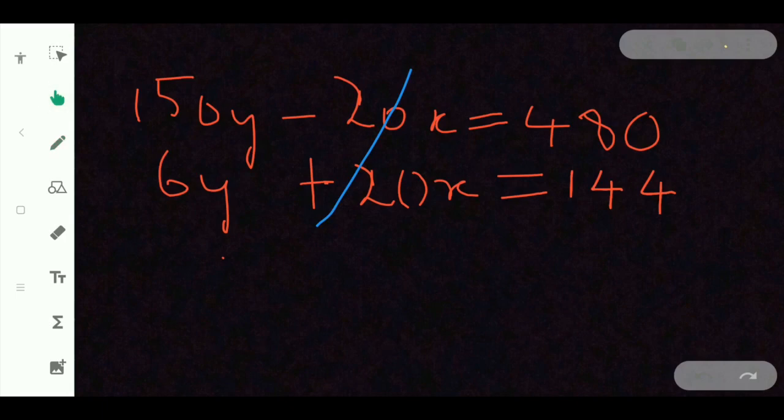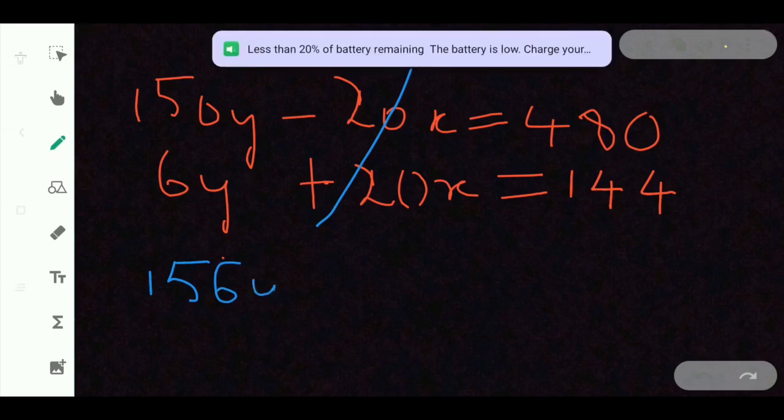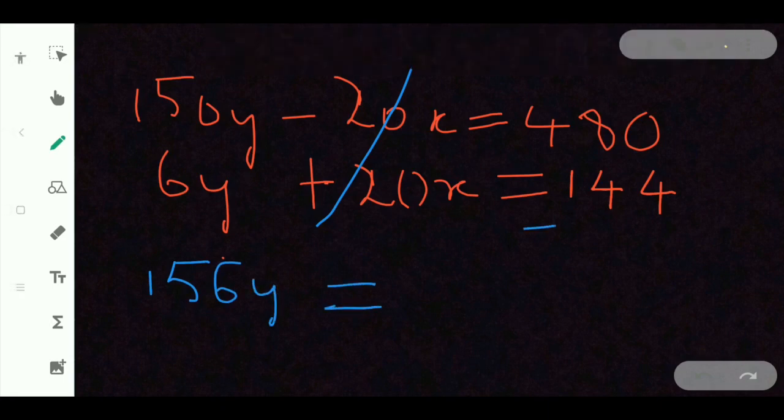So we can do plus 150y plus 6y, that is 150 plus 6, 156y is equal to 480 plus 144. We are getting 624.